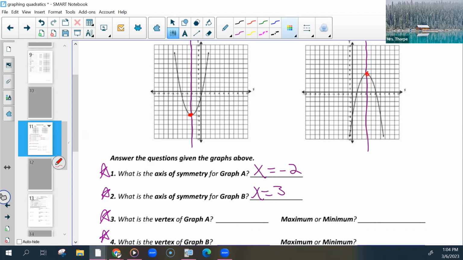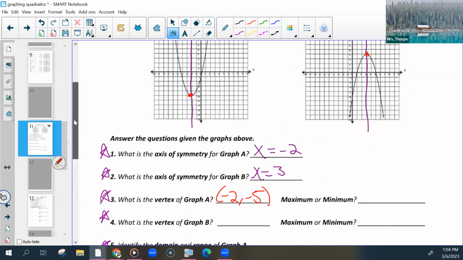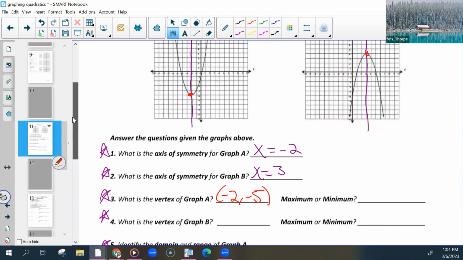So what would the vertex of graph A be? -2, -5. We'll come back to the maximum or minimum. And then the vertex of graph B. 3, 4.